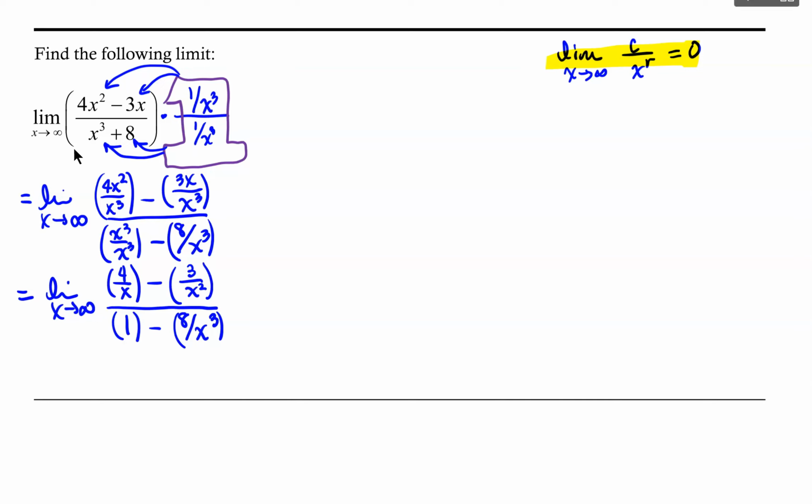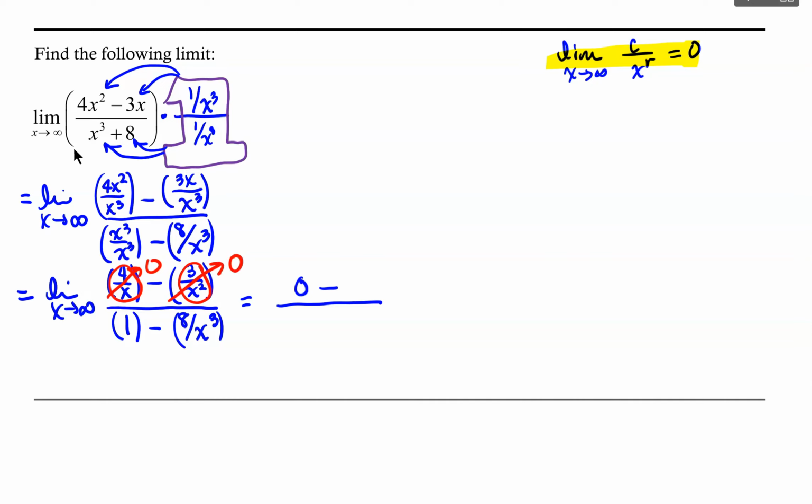So now we can take the limit. We can say that, as x approaches infinity, my 4 over x, based on that property, will head to 0. So we'll have 0 minus 3 over x squared. Again, I can use that property.